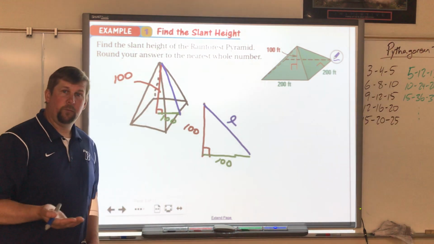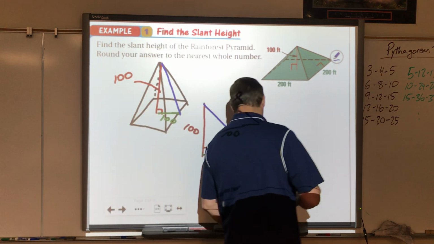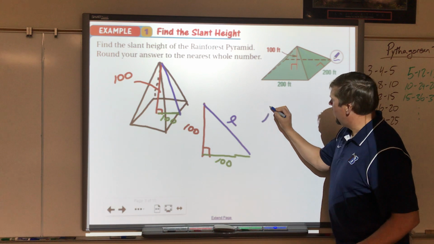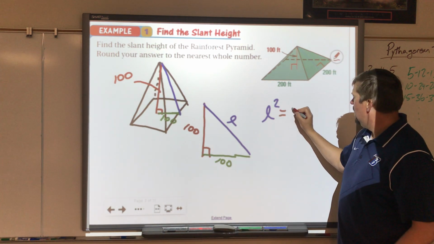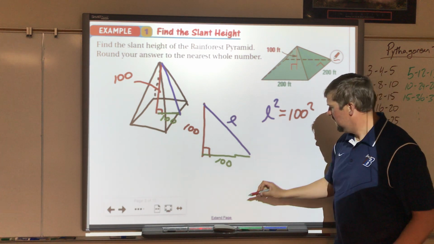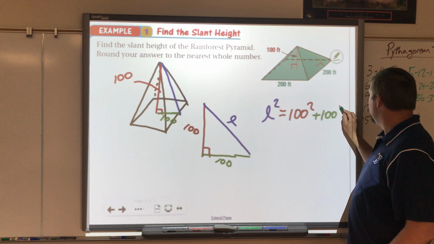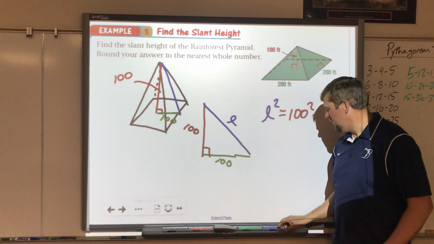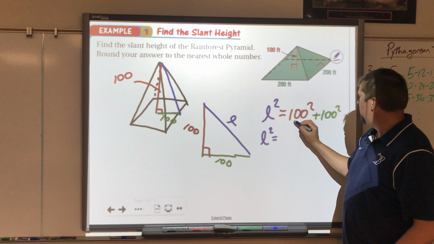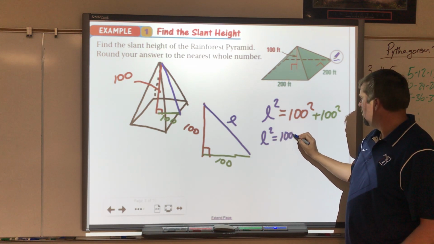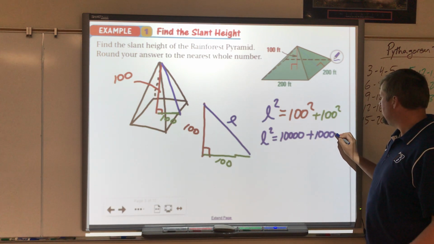So what we need to use is the Pythagorean theorem. We know that L squared is going to be equal to 100 squared plus 100 squared. Okay, so we know that this is L squared. We know this is 10,000. We know this is 10,000.